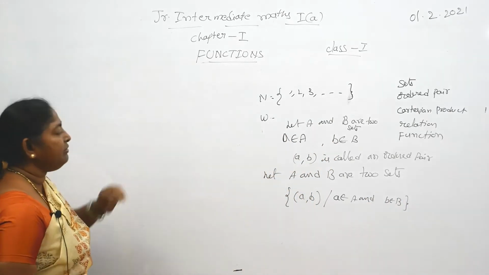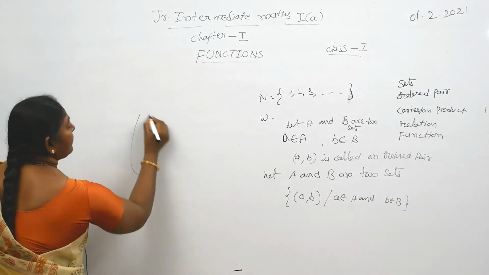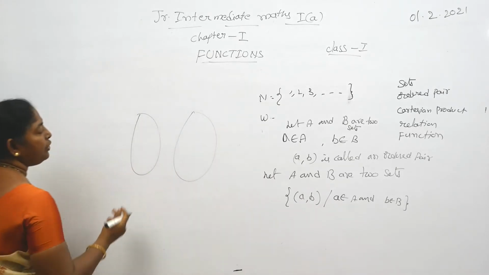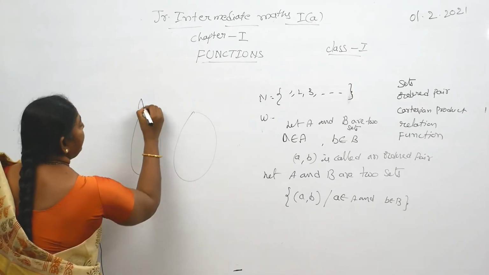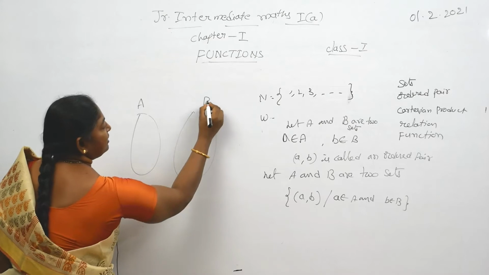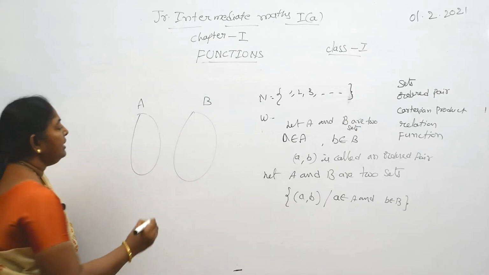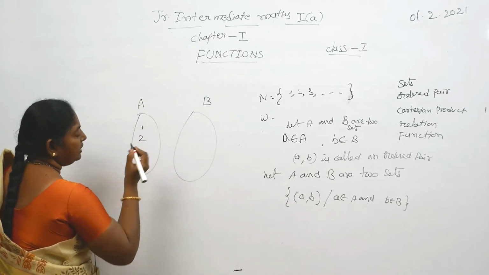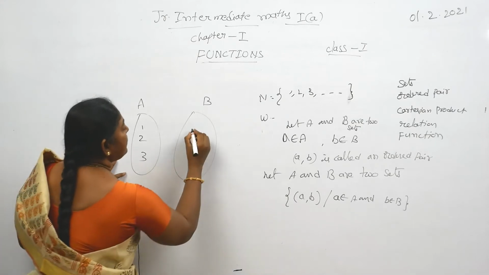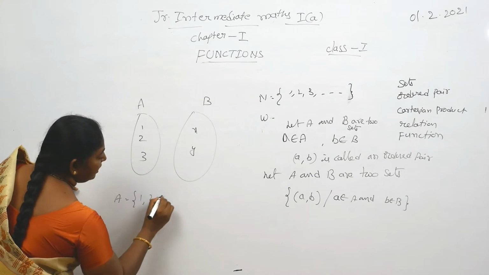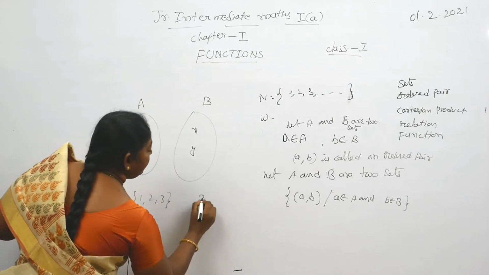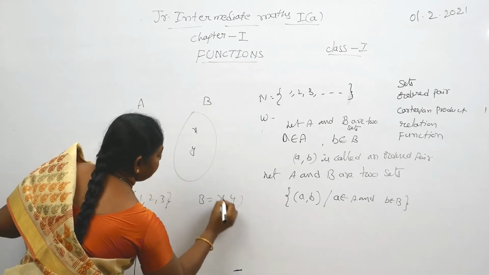Suppose we take one example using Venn diagrams. Here capital A is one set and capital B is another set. Here 1, 2, 3, three elements are there, and x, y. A equals {1, 2, 3} and B equals {x, y}.